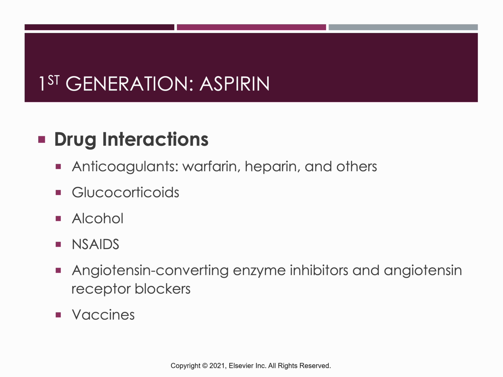So we wouldn't necessarily consider giving someone aspirin while they're on an anticoagulant. Also, because aspirin can irritate the stomach and cause bleeding, it can augment the anticoagulant effects. It really increases the risk for gastric hemorrhage in these patients.